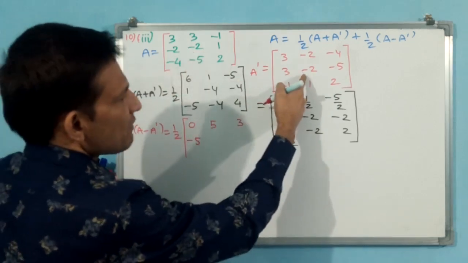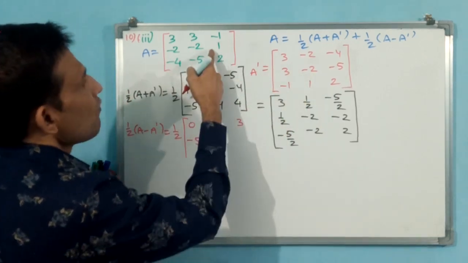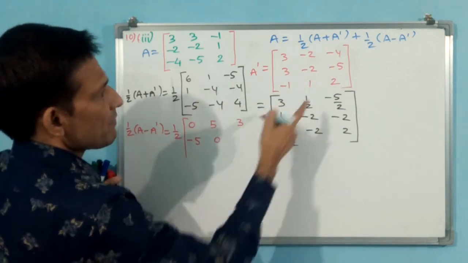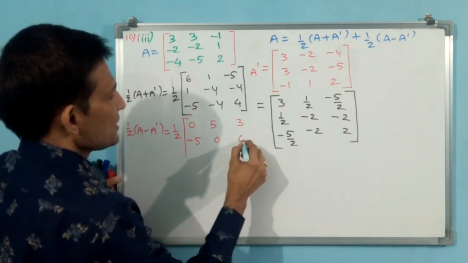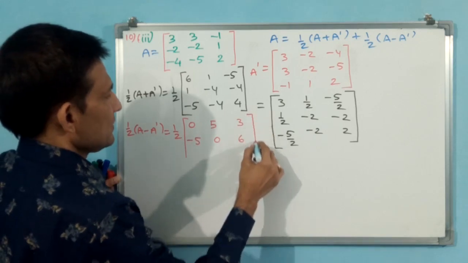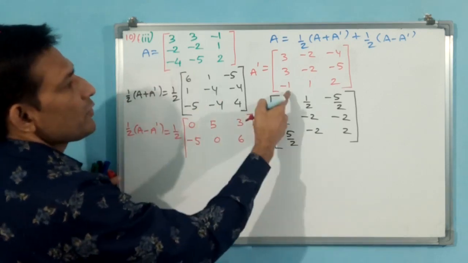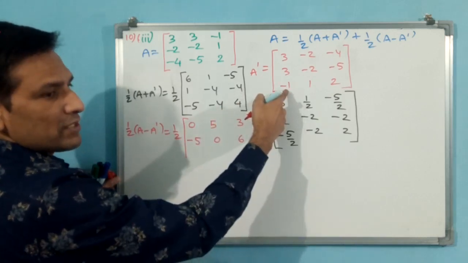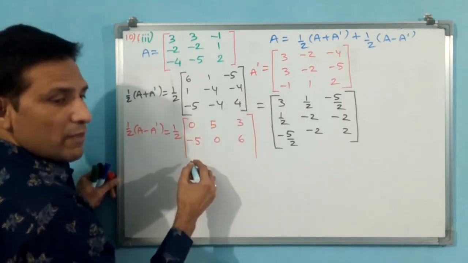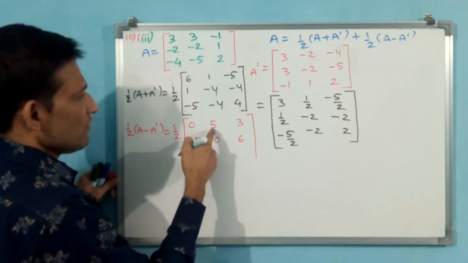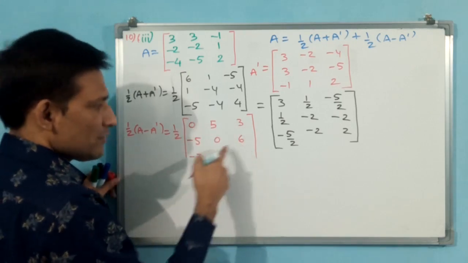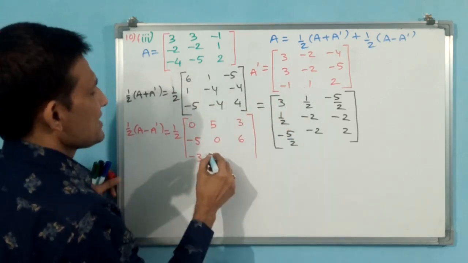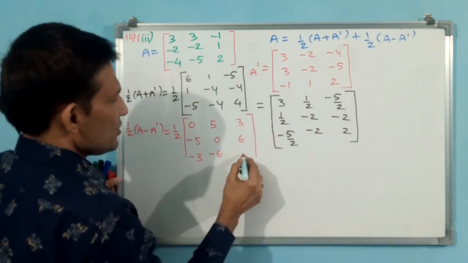Minus 2 minus of minus 2 is 0. 1 minus of minus 5 is 1 plus 5, 6. Minus 4 minus of minus 1 is minus 4 plus 1, minus 3. See, 5 and minus 5, 3 and minus 3, 6 and minus 6 has to come here. Minus 5 minus 1 is minus 6. 2 minus 2 is 0.